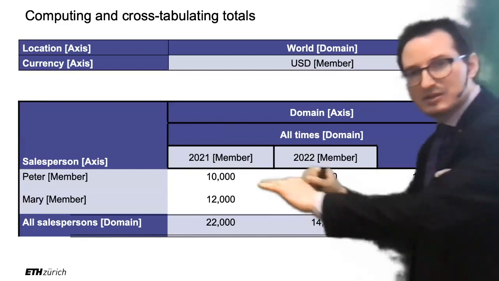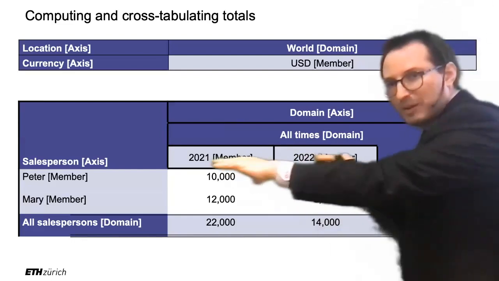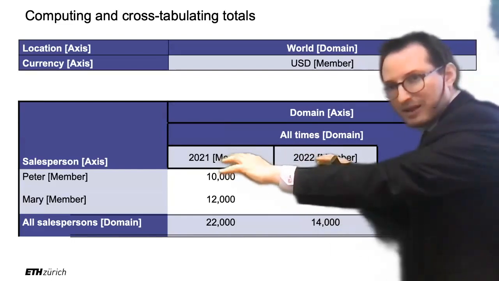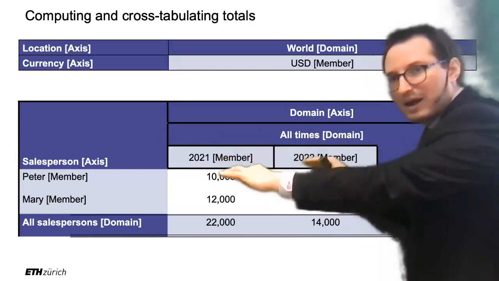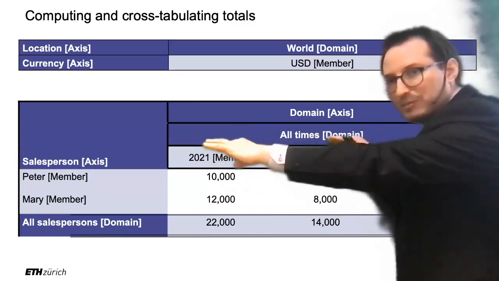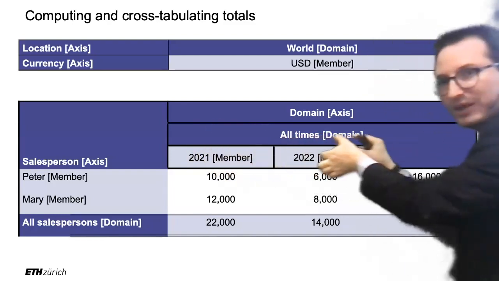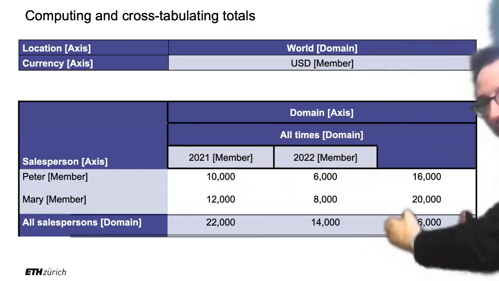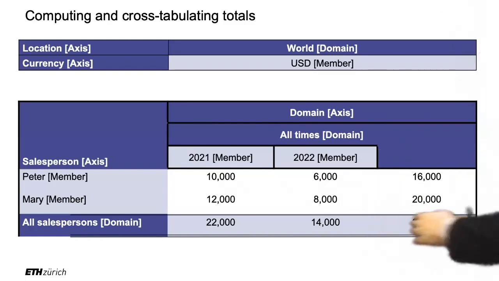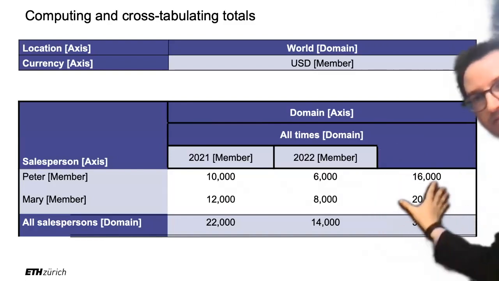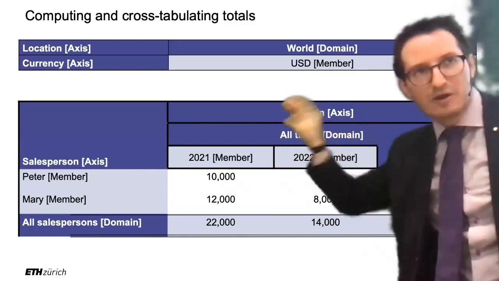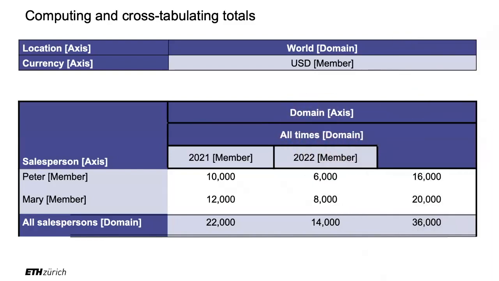It basically means that you have your members, the values that the dimensions can have, in the hierarchy below the all times domain. But to display this all times, we continue it here in such a way that it naturally puts the total there. And with the L shape, we make it very clear that these are the totals of all times, right? Who gets the intuition of that? Awesome.